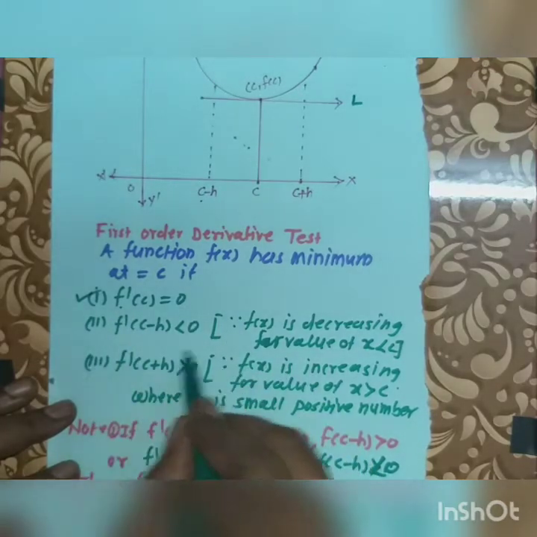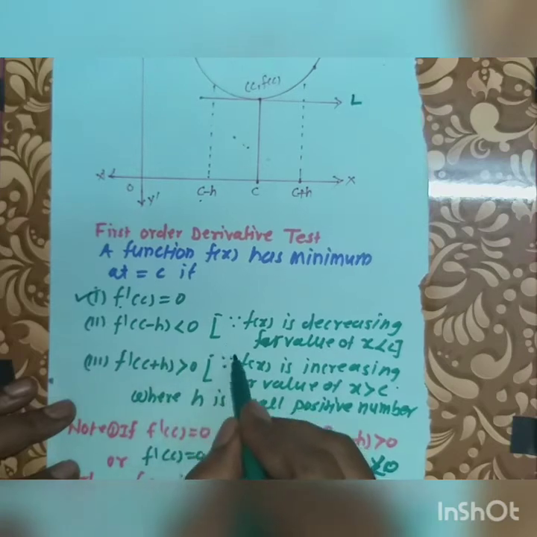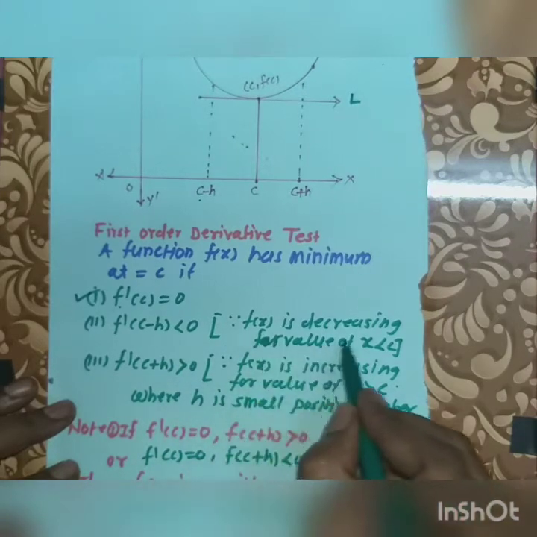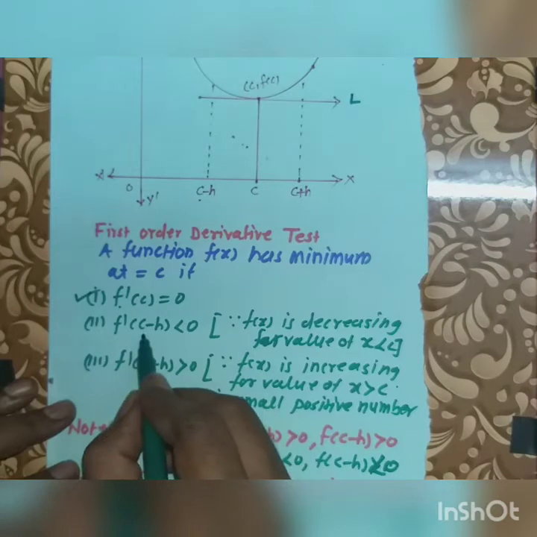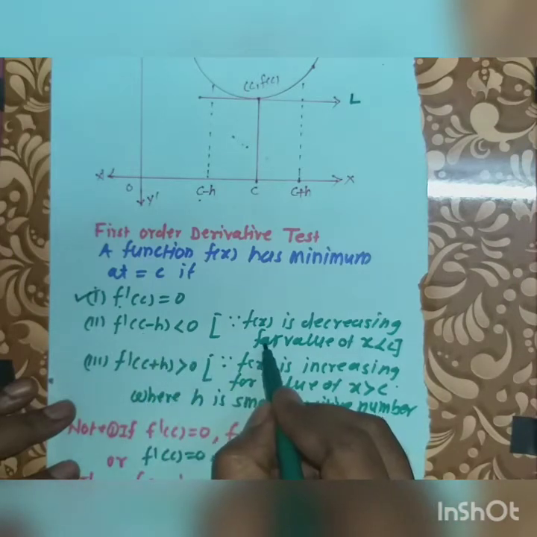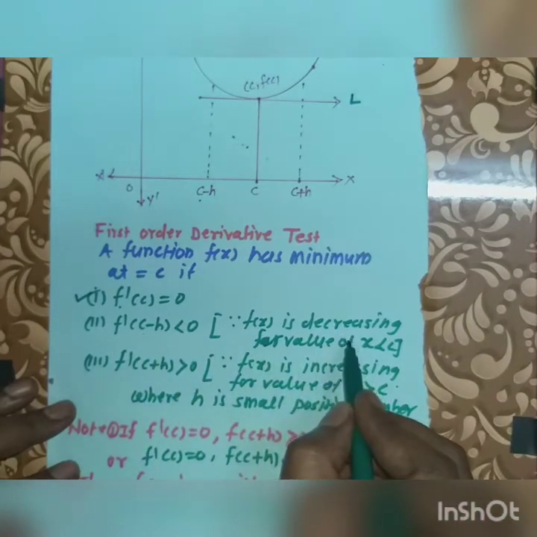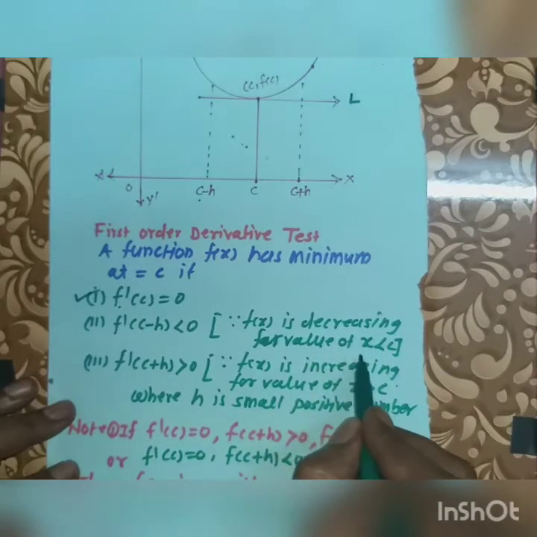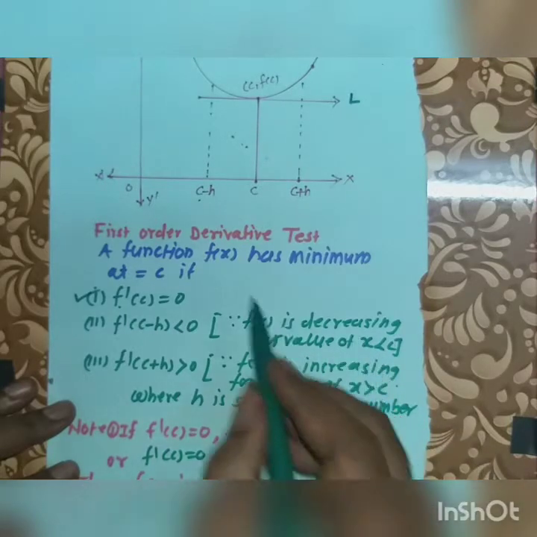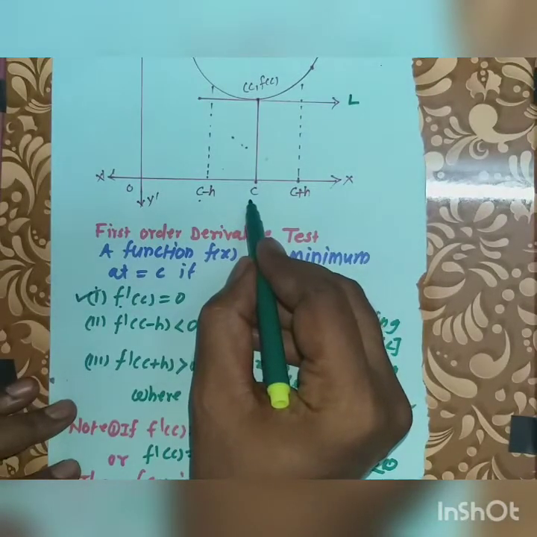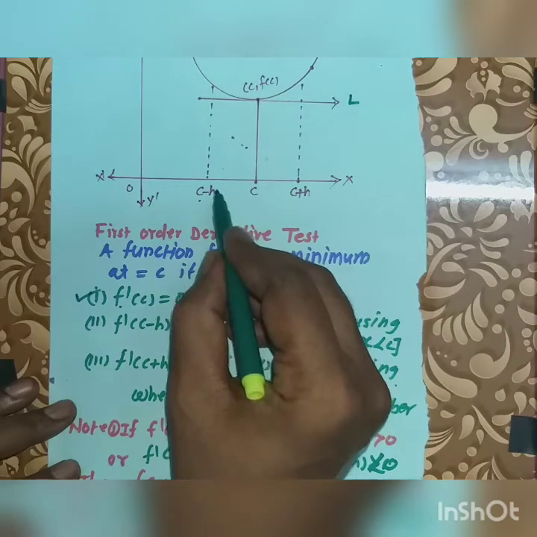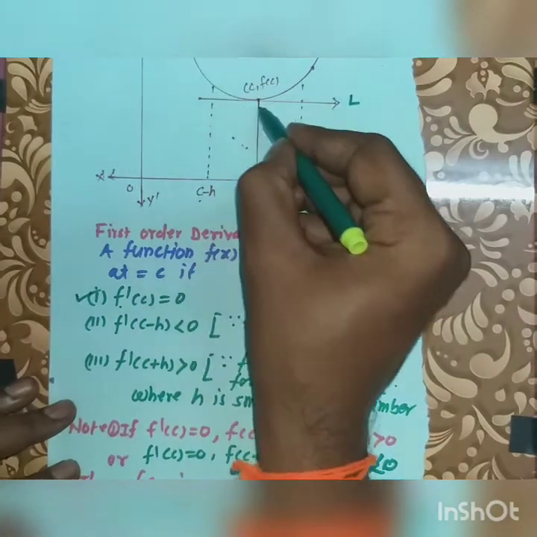And the second test is on the left hand side: f of x is decreasing if f dash of c minus h is less than 0. That means f of x is decreasing for values of x less than c. If we take values of x less than c, then the graph is decreasing.